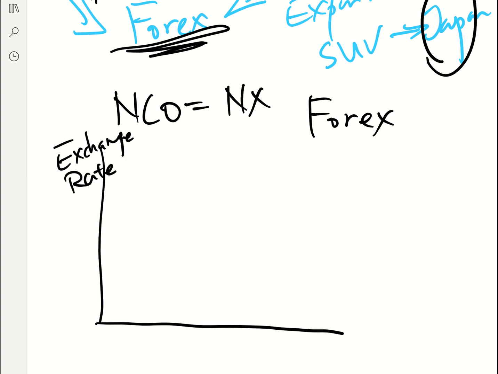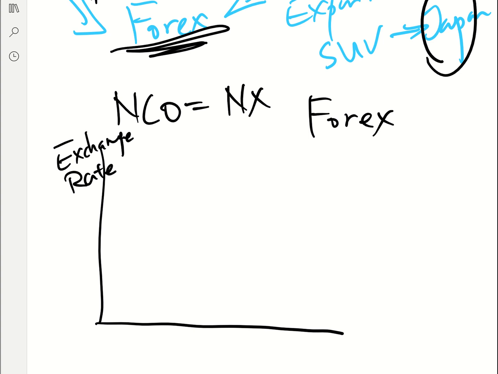Now exchange rate is how much of your currency can be exchanged for another currency. The higher it is, it means the stronger your currency is. And that's called appreciation. Now, if your currency exchange rate ever goes down, that's called depreciation, right? So sometimes we say, the dollar today depreciated by 5%. That means the value went down by 5%.